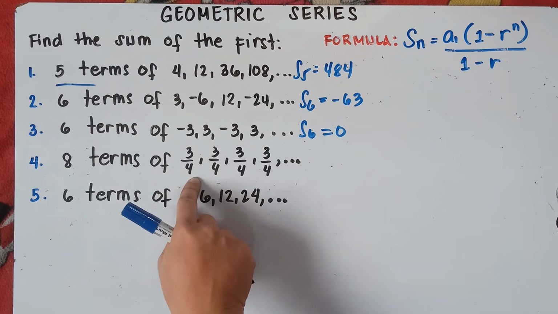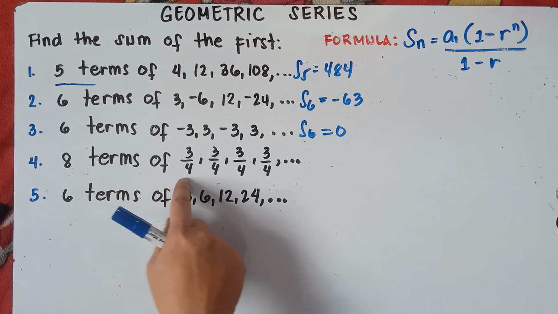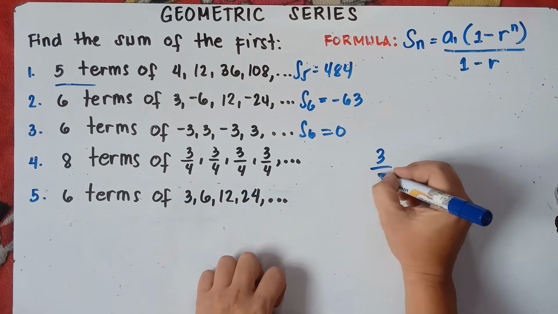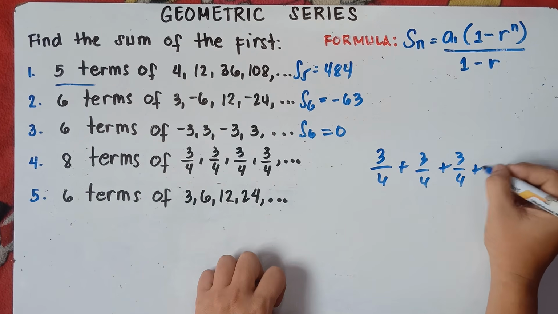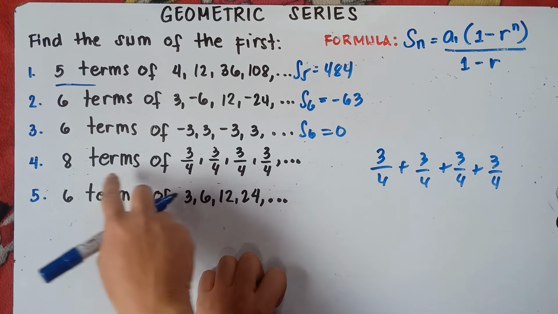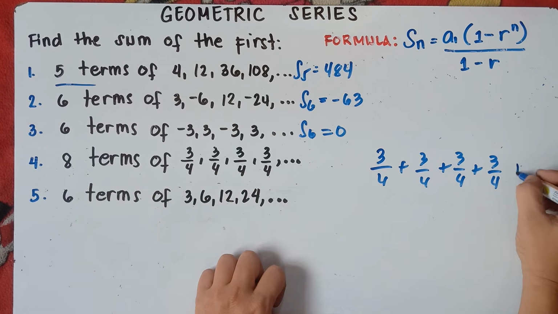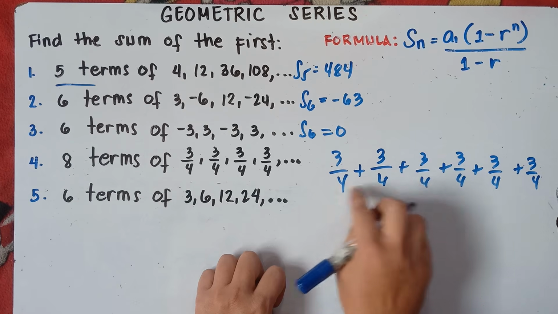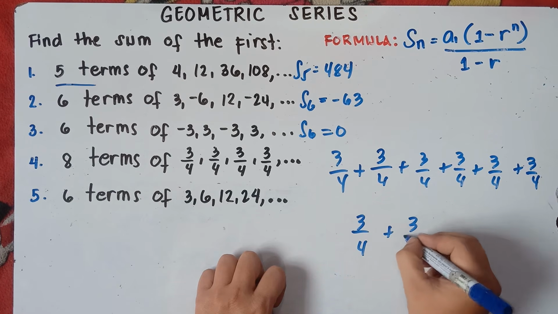So for number 4, class, find the sum of the first 8 terms of this given sequence. We already know that if we add this one, 3 over 4 plus 3 over 4 plus 3 over 4 plus 3 over 4, since we have 8 terms and the numbers are just the same, so plus 3 over 4, so plus 3 over 4, so we have 1, 2, 3, 4, 5, 6, 7, and 8.